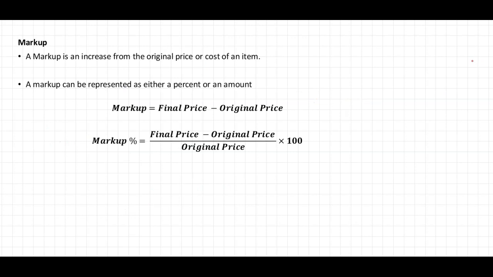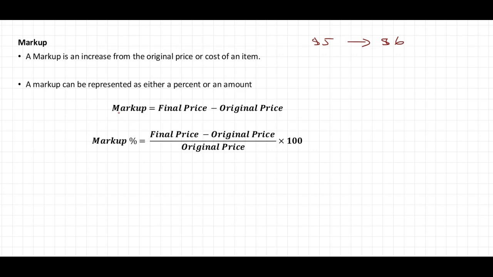Now what's a markup? A markup is an increase from the original price or cost of an item. So for example, you may buy something for $5 and sell it to a friend for $6. That's an increase, that's a markup. So a markup can be represented as either a percent or an amount.